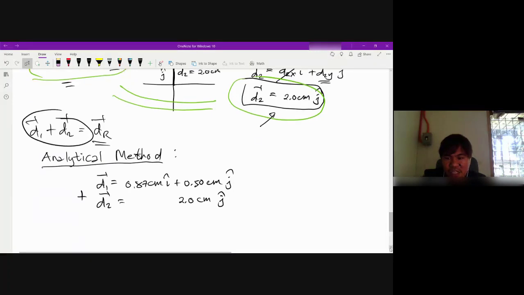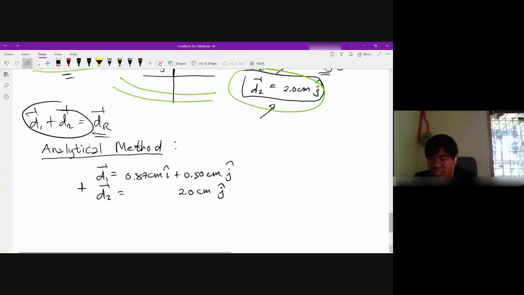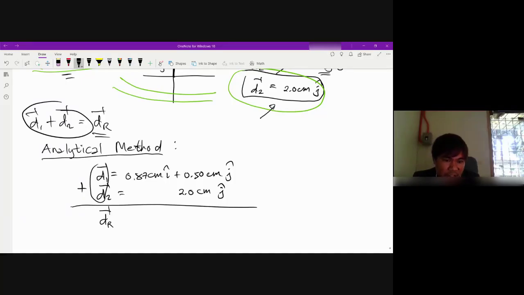You write the two vectors in component form, and then you just add. The resultant DR is the sum, component to component. For the i hat, the second vector has no i hat, so its x component is 0, so this is 0.87 cm i hat.